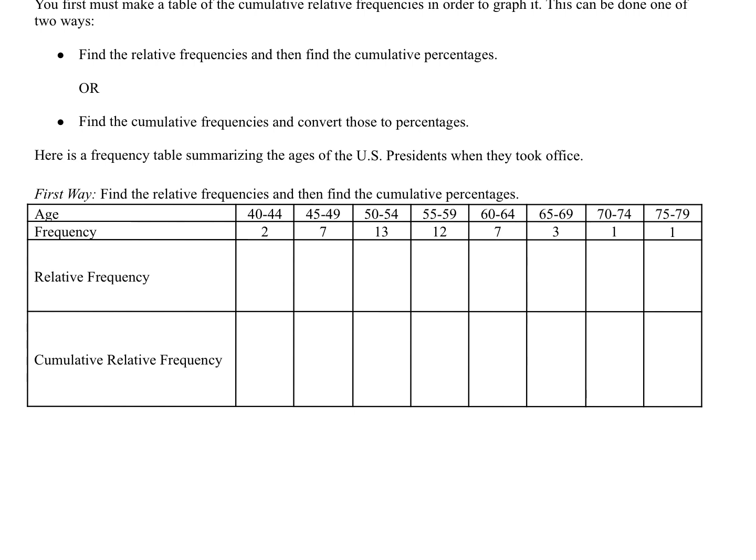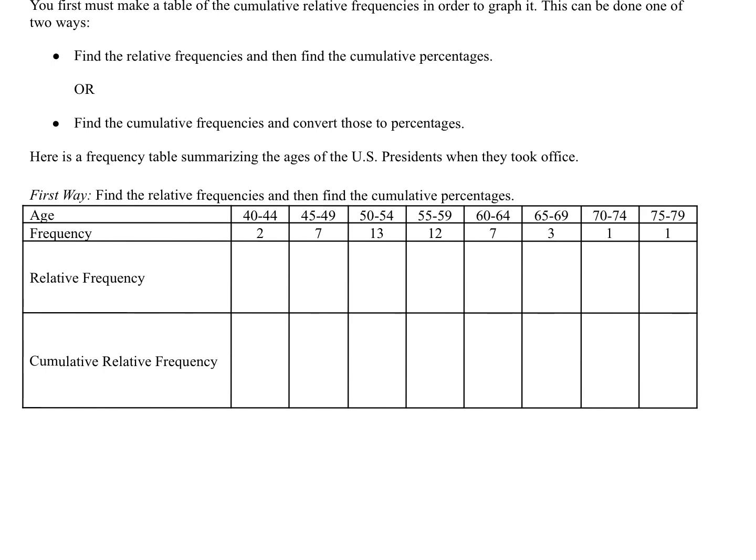The first thing I'm going to do here is find the total. We've had 46 presidents. This does not include presidents who served multiple terms. It's just saying someone who has served as a president, no matter how many terms they've served, we've had 46 of them.